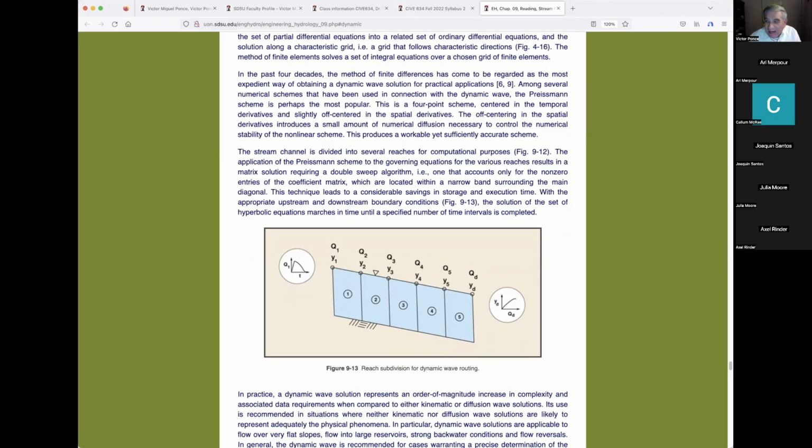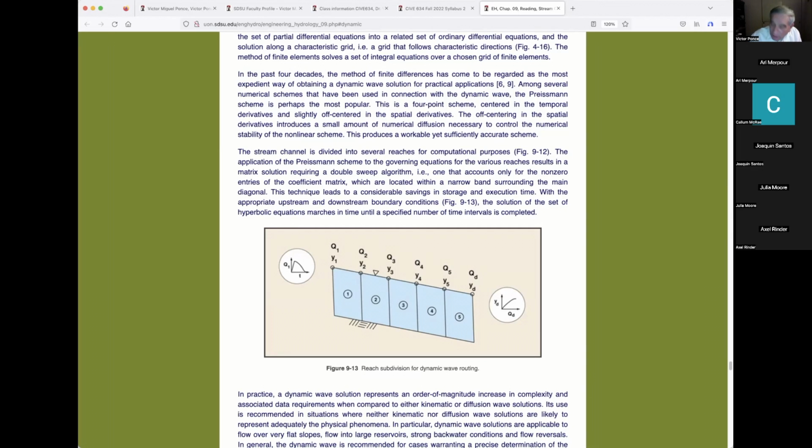So it's kind of a diagonal solution of a matrix. That's called double sweep in the jargon of numerical mathematics. It is double sweep because you start on one end, pick up a boundary condition, sweep to the other end, pick up another boundary condition, and then return to the original end and sweep for the second time, and then get the answer to the problem.